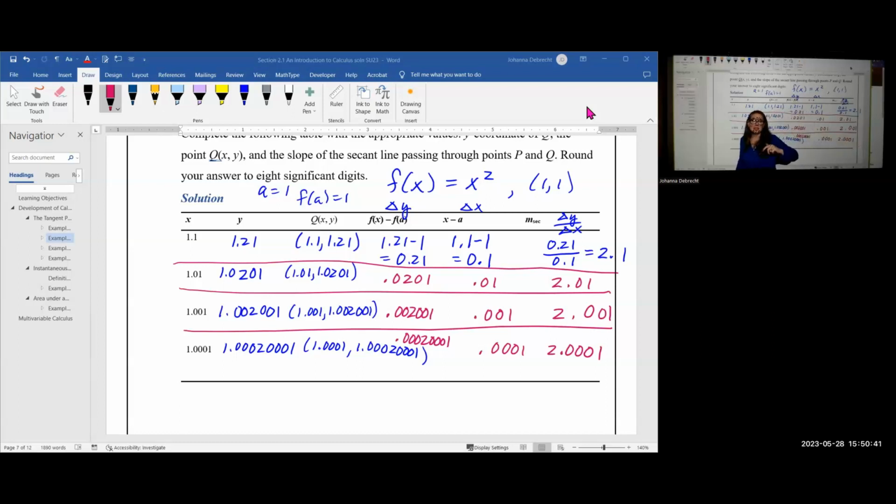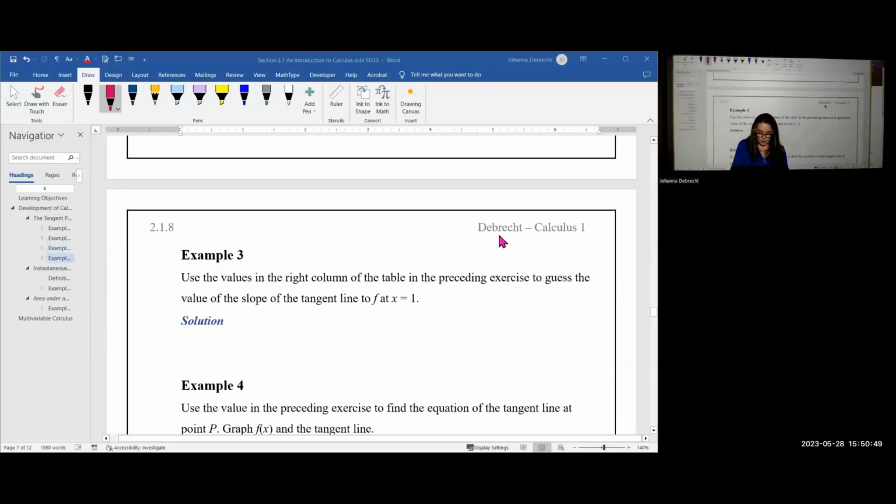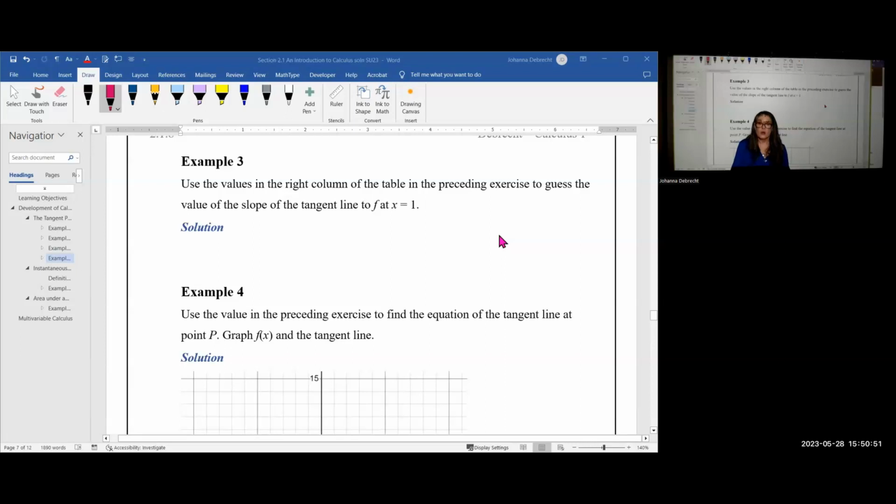As we can see, it is getting closer and closer to the value of 2. If you were to do this again with an even closer value, what do you predict that it is eventually going to reach?